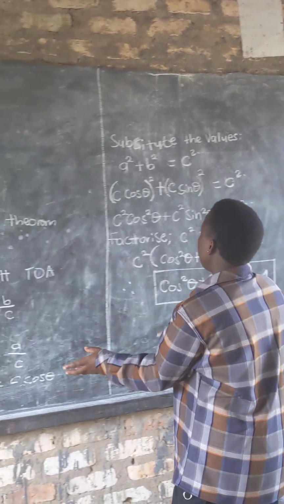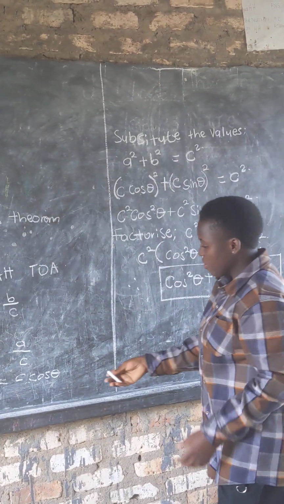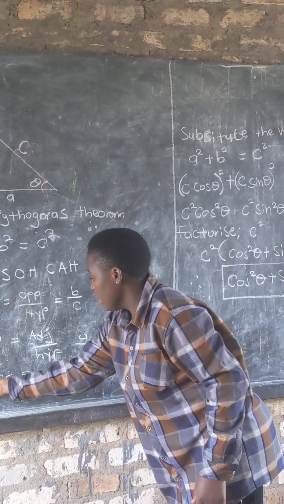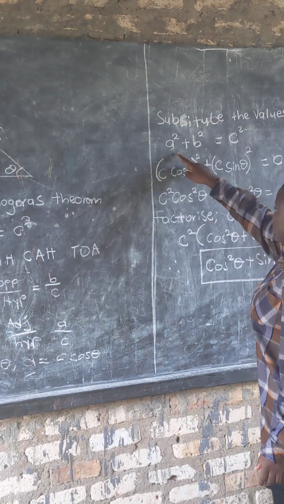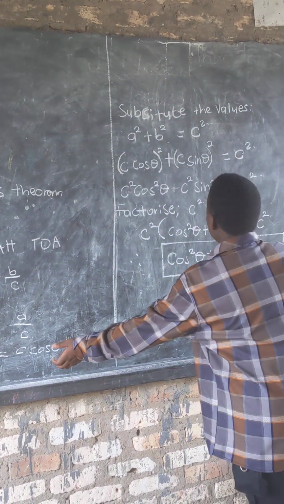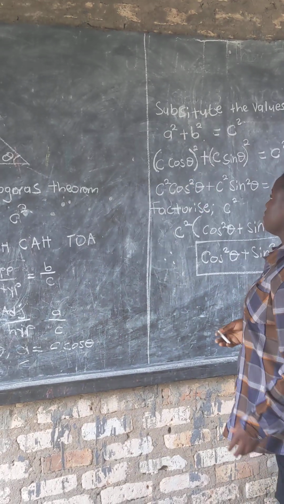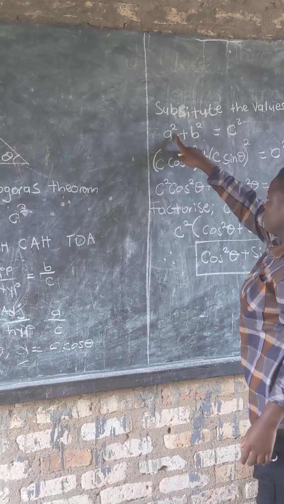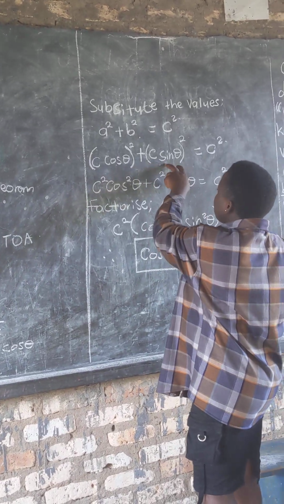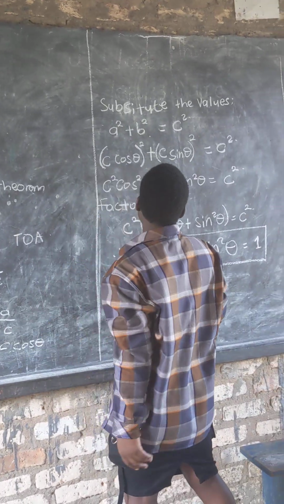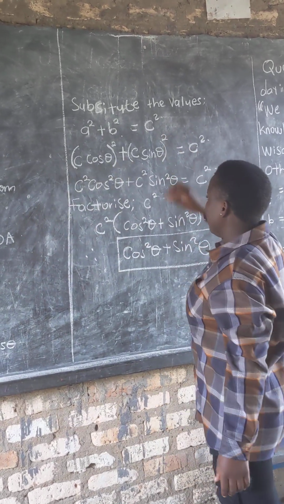Furthermore, we substitute our equivalences of a and b into the Pythagoras theorem expression. A is c cos theta, and we square it because a is squared, plus c sin theta representing b, equal to c squared.